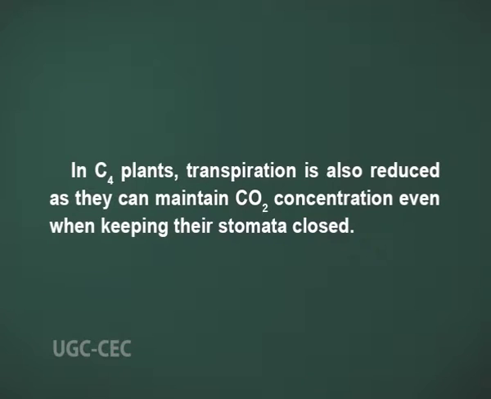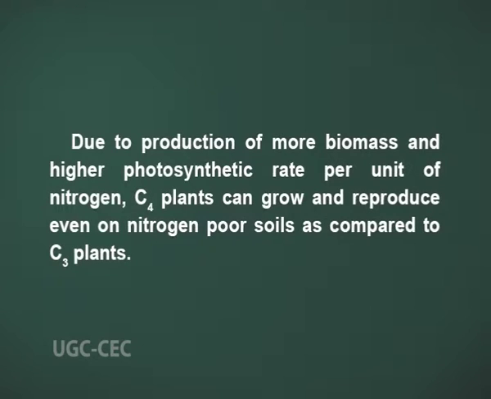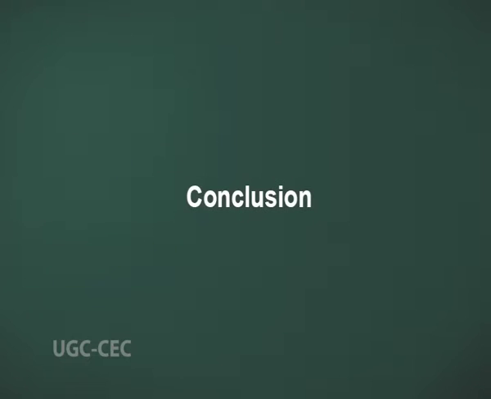In C4 plants, transpiration is also reduced as they can maintain carbon dioxide concentration even when keeping their stomata closed. Due to production of more biomass and higher photosynthetic rate per unit of nitrogen, C4 plants can grow and reproduce even on nitrogen-poor soils as compared to C3 plants.